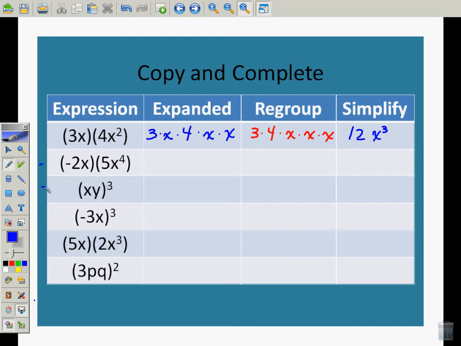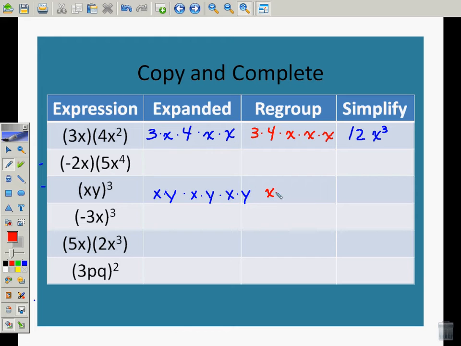And so if we're thinking about xy to the 3rd, we're going to write what that means. Well, really that means x times y times x times y times x times y, because xy is really x times y, and to the 3rd power means we're doing it 3 separate times. Once again, I'm going to regroup, and when I regroup, I'm going to end up putting all of my x's together.